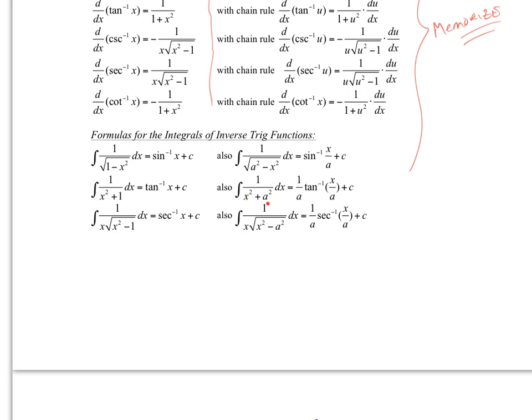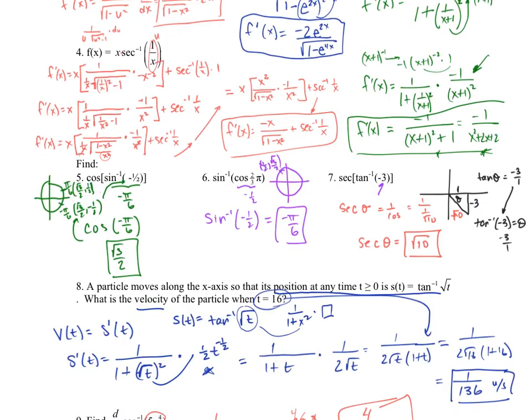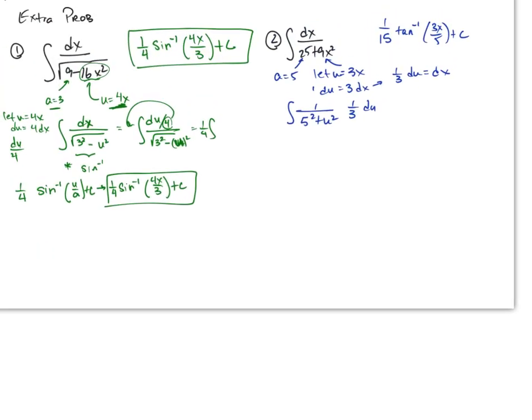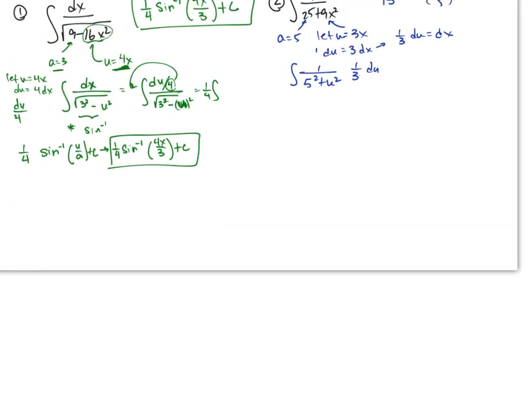These could be flip-flopped, it's okay. And you get 1 over the a, and in this case, the a is 1/5. And then we have x over a, which in our case is u over the a. Okay, so let's put all of this in and see what we have.